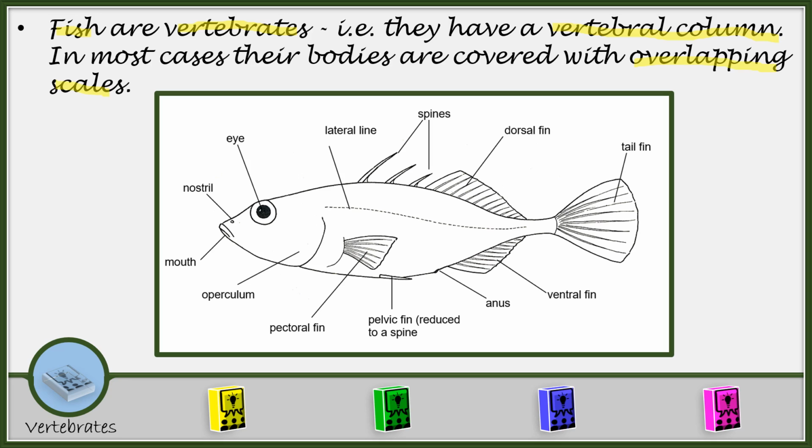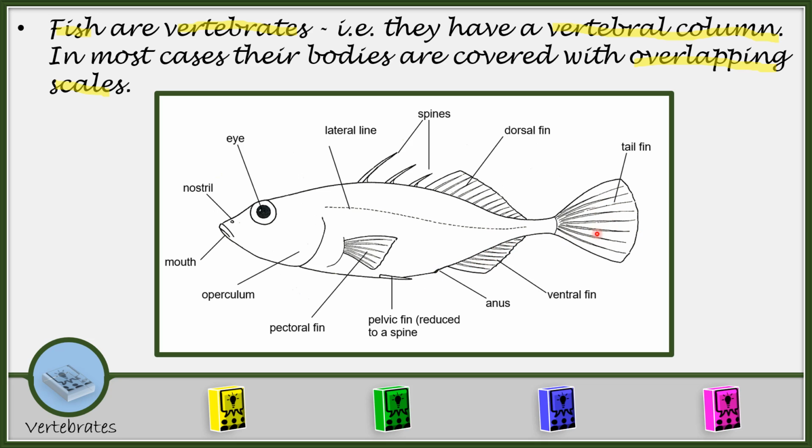So we have our fish here that's got the eyes, the nostrils, the mouth, the operculum, the pectoral fin. This one below is the pelvic fin. It has the anus here. It has the ventral fin.